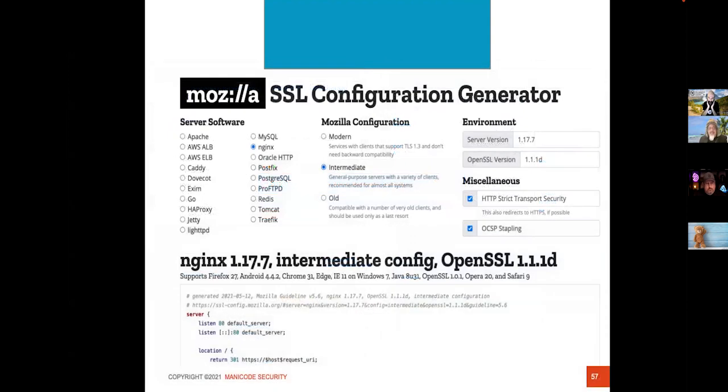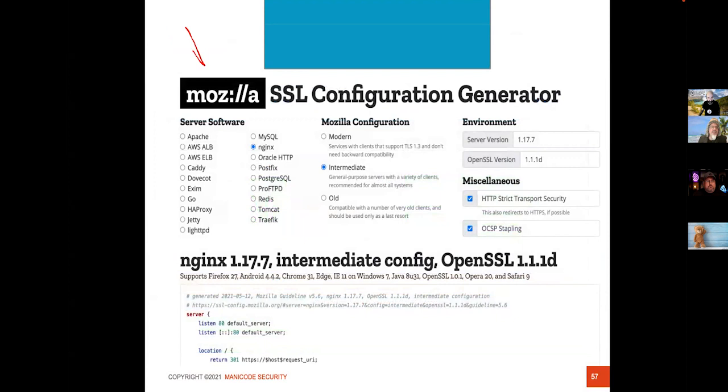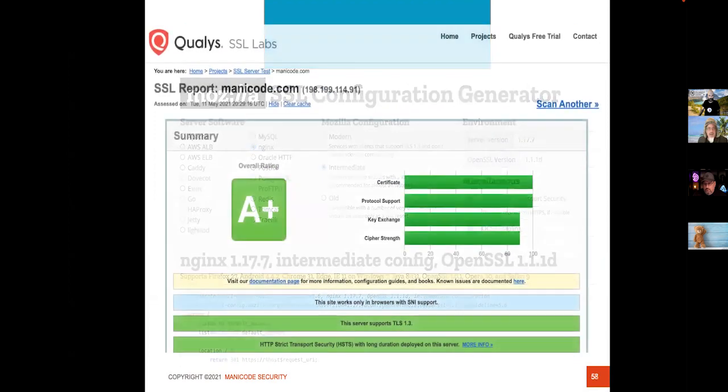And for my TLS configuration, I got an A+, because people look at me and give me a hard time the moment I don't. I'm not trying to be all fancy here, but I have a brochureware website. That's easy. But I use the Mozilla TLS configuration generator to give me a good base configuration for TLS for my server. So we really want good TLS configuration everywhere.